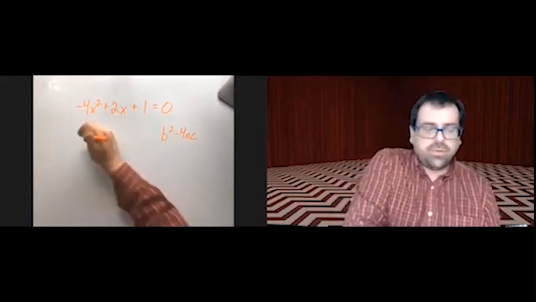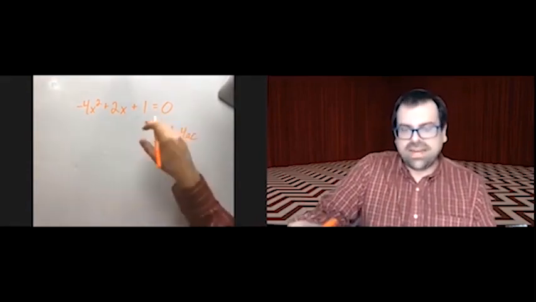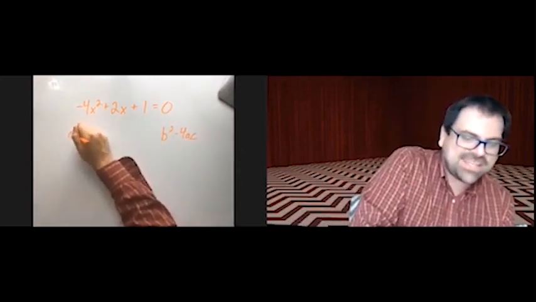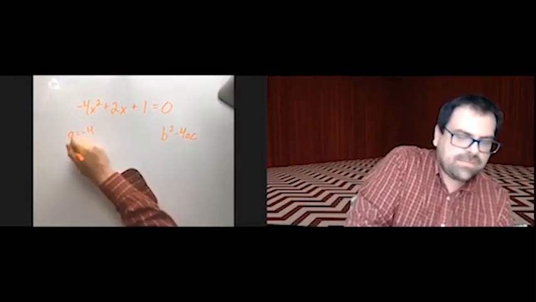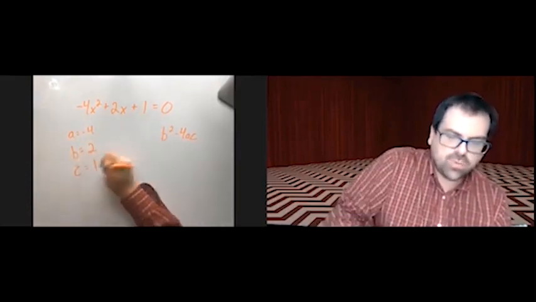This is in the correct form. A is negative 4, B is positive 2, and C is positive 1.